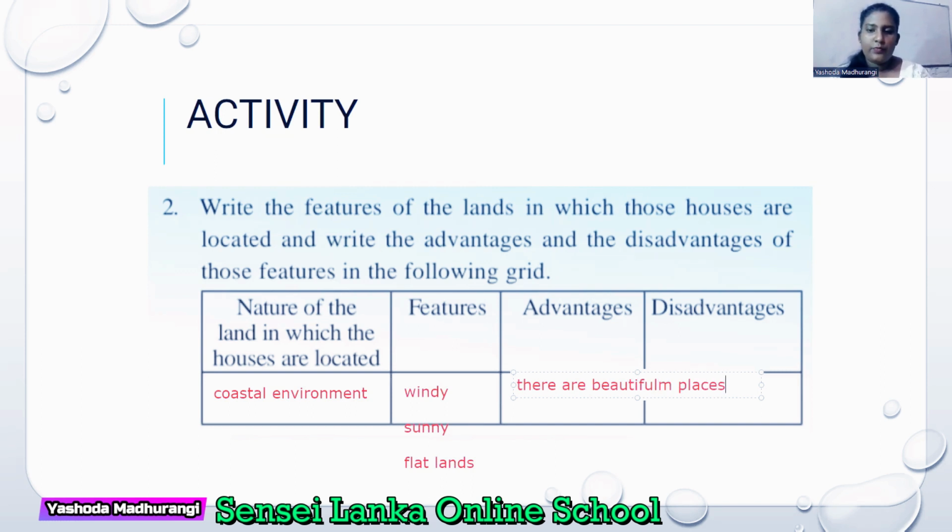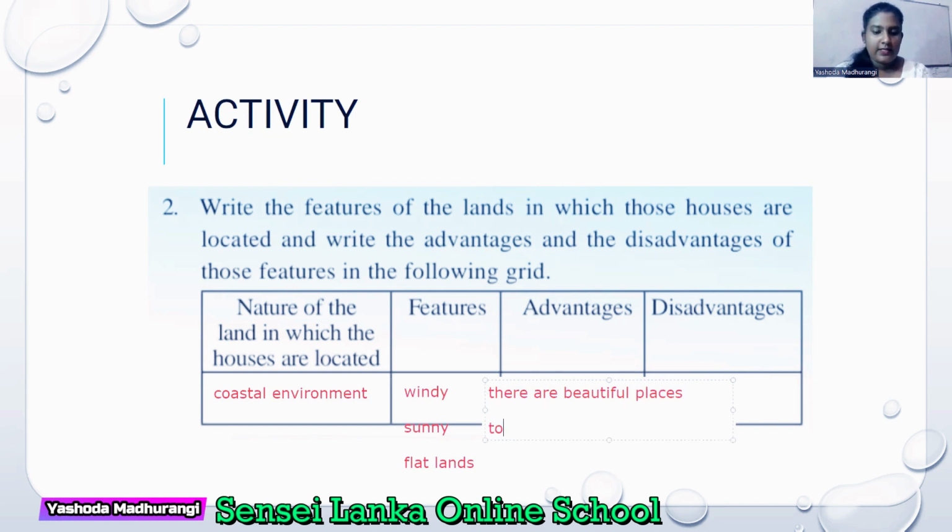Then what are the other things? For the advantages, there are beautiful places, and the tourist industry can be developed. We can improve the tourist industry.